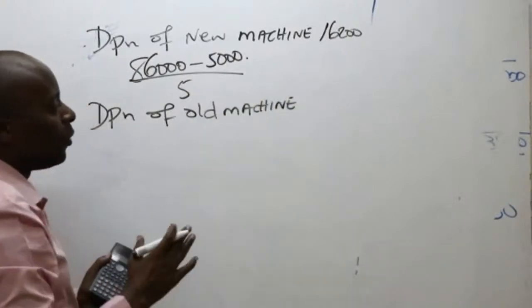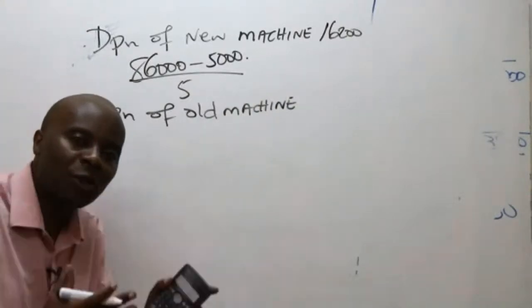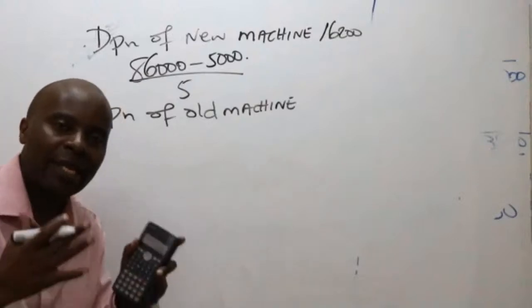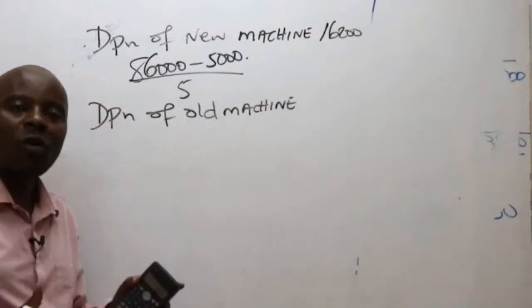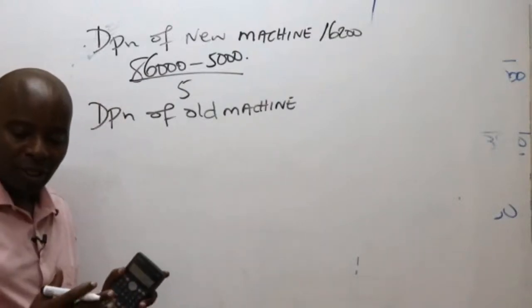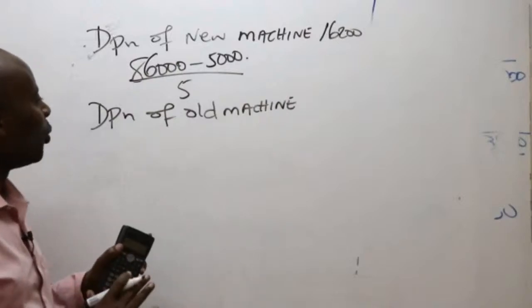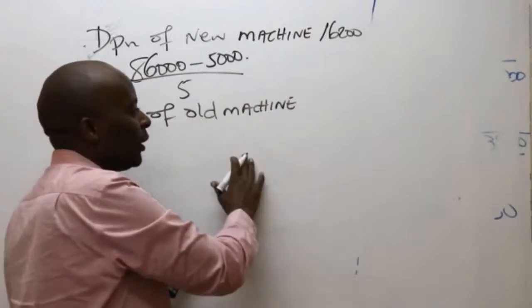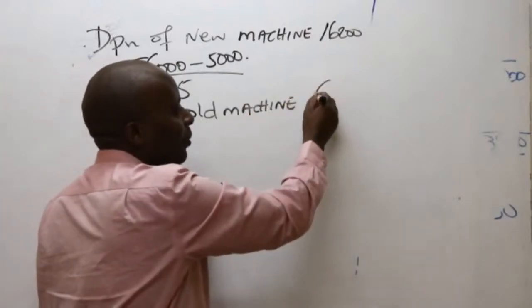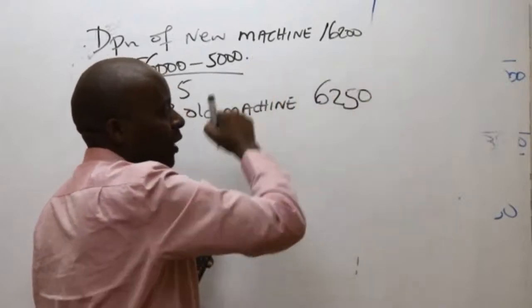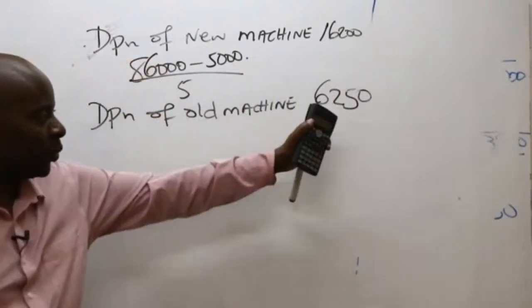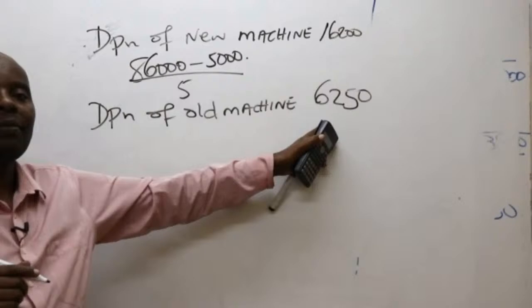From there, come and compare this with the depreciation of the old machine. Whenever corporation tax is given, depreciation is normally relevant. If I'm not wrong, you were able to give me the depreciation of the old machine per year as 6,250.